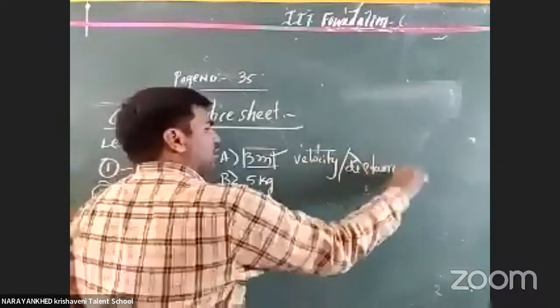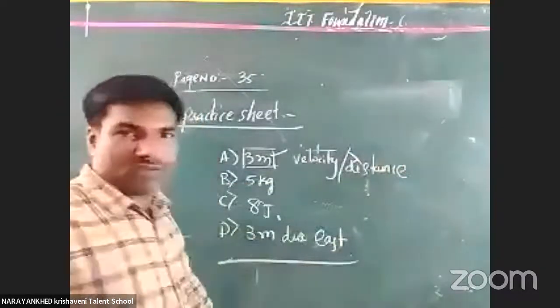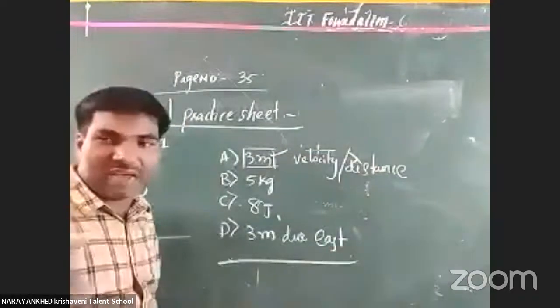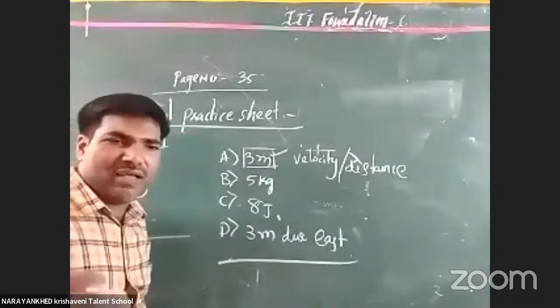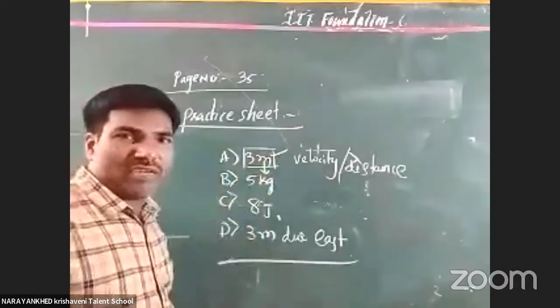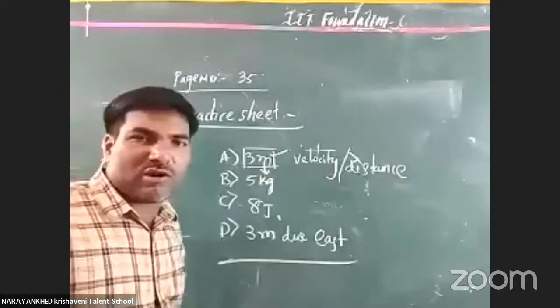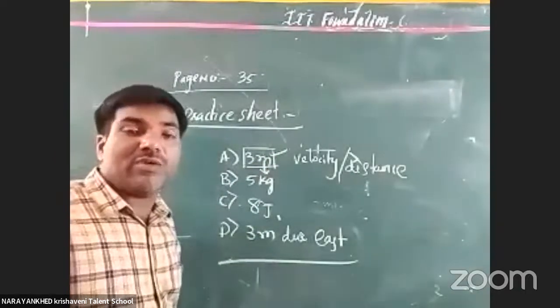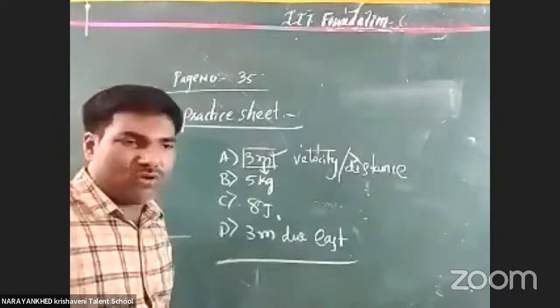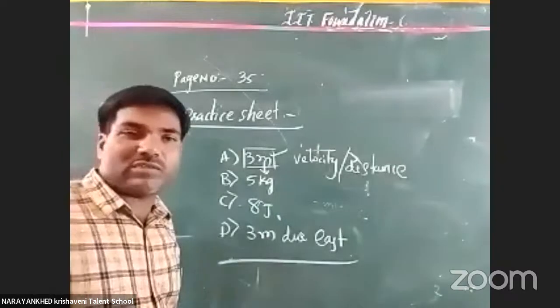Very important, all the students listen carefully. This question is somewhat difficult. They have given only the units, not the physical quantities. We have to recognize the physical quantity by using the units also. Then you have to know the units of physical quantities.